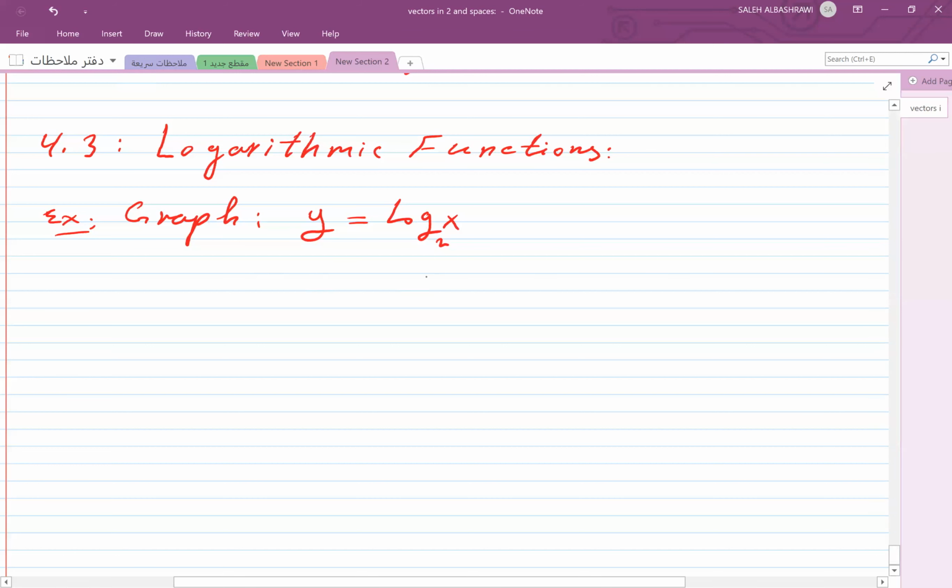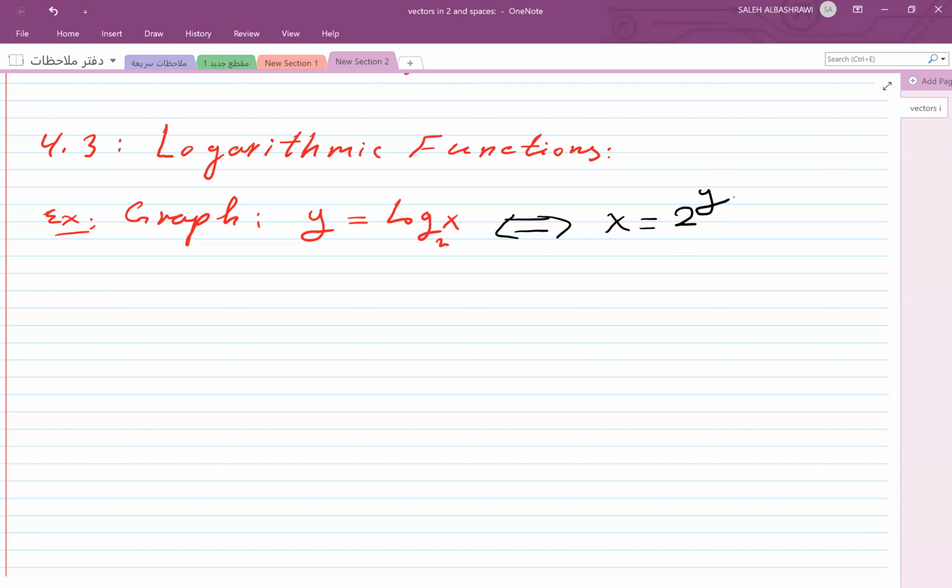So I'm going to convert this function from the logarithmic form to exponential form: x equal to 2 to power y. So now I'm going to graph this function x equal to 2 to power y, or using the exponential form to graph the logarithmic function.